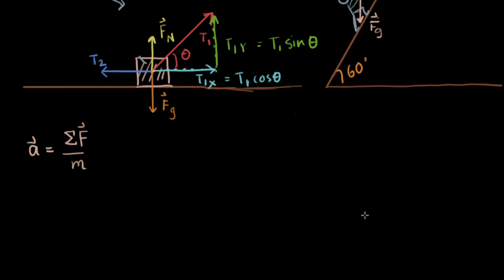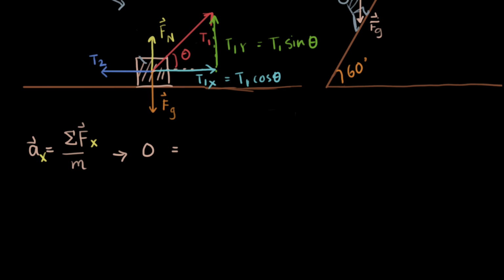So we can see right here that T1 sub x is balancing with T2. Let us solve that for the x axis. Here we have no acceleration. And what are the forces?